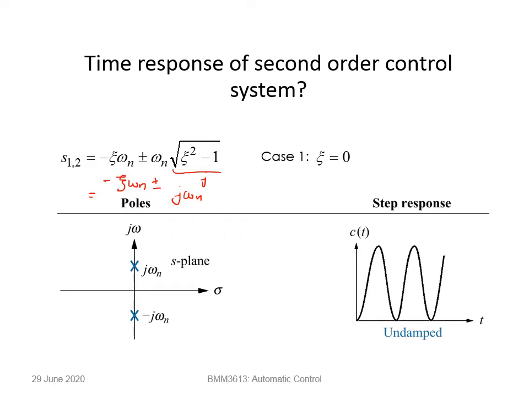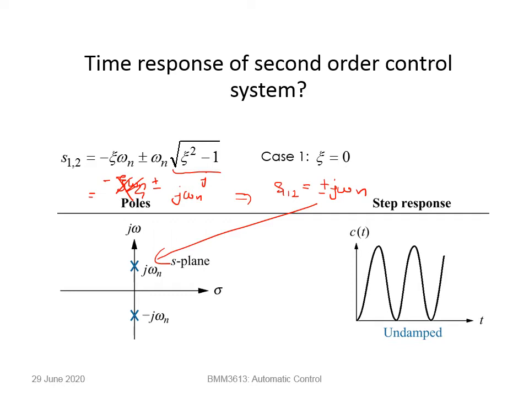And we know that zeta equals 0, so the first term will also become 0. So we're left with the poles s1,2 equals plus minus j omega n. That's what has been plotted here, j omega n and minus j omega n. So it is an undamped response.